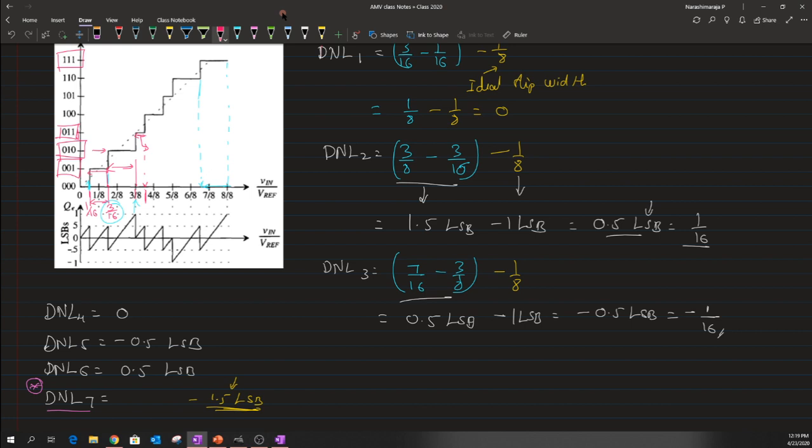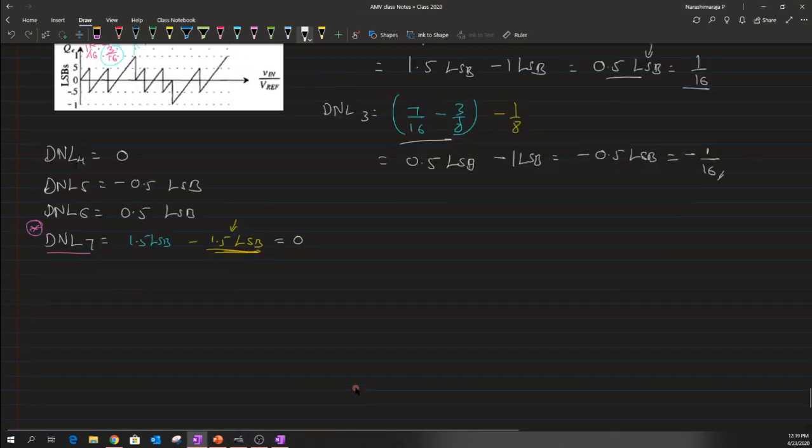So this particular width is equal to 1.5 LSB, and that value I'll just directly plug in here, which is 1.5 LSB, and due to which the error becomes equal to 0. So ensure that the ideal step width is 1.5, and due to which you are not introducing something like plus 0.5 here. Hope that you are clear with this.